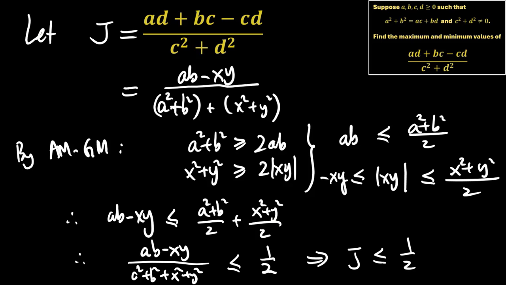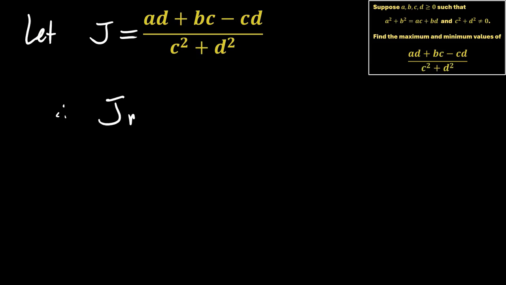And we also see that the equality holds if A equals B equals 1 and X equals Y equals 0. We conclude that the maximum of J equals half and the minimum of J equals negative half.